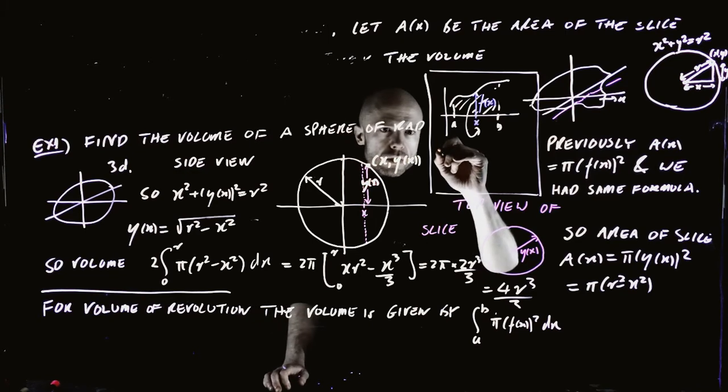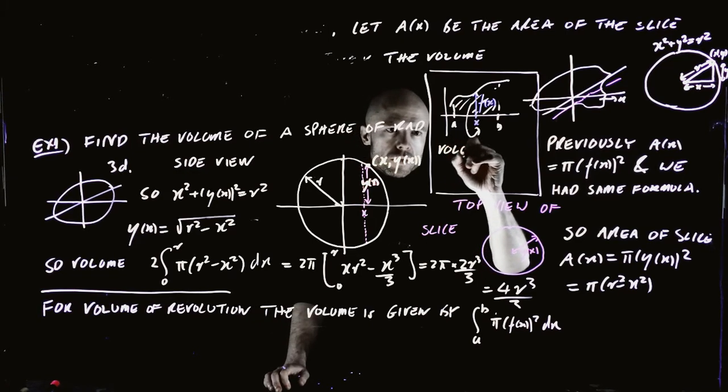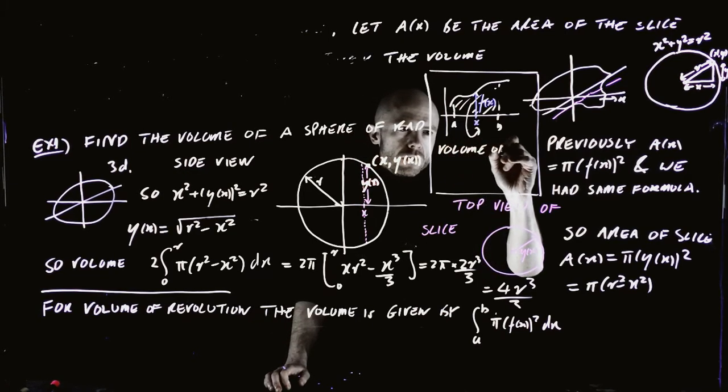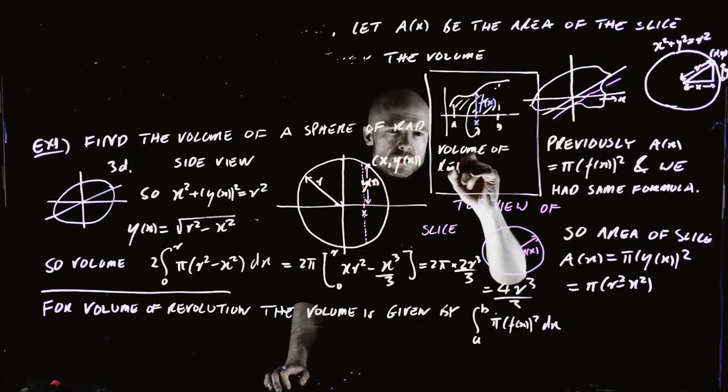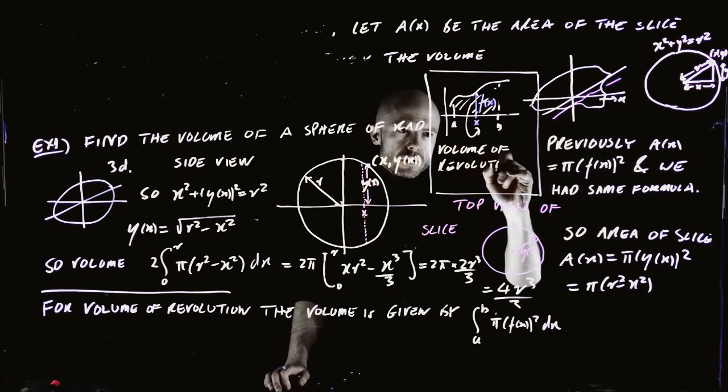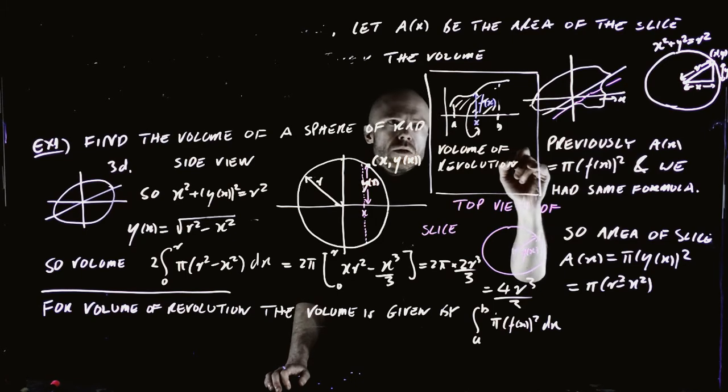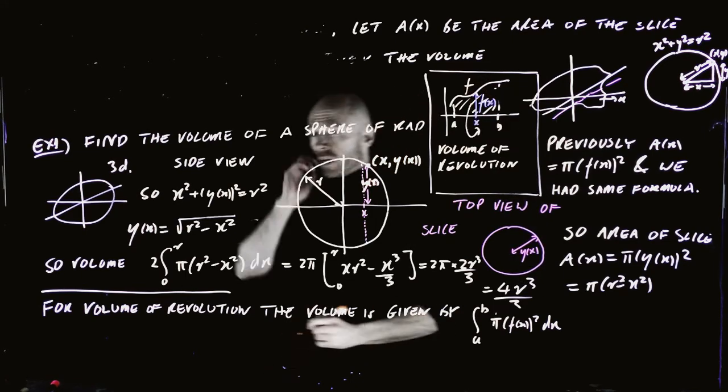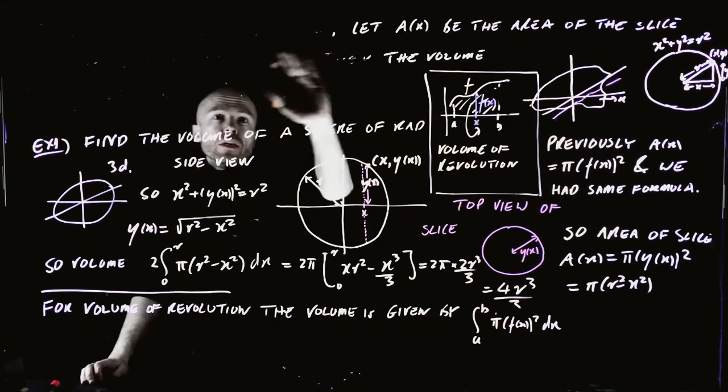Okay, so let me say this is volume of revolution. And this is the graph of f right here. And this is the example we're going to be doing.